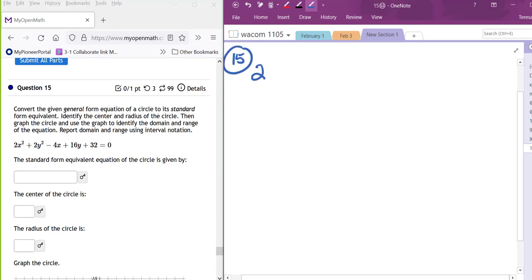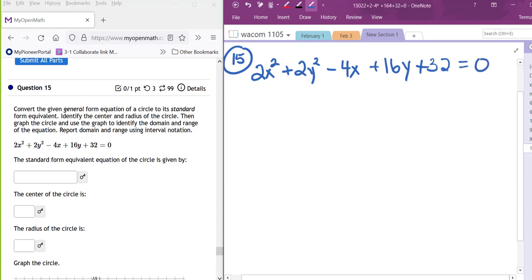So let me just write it so we have it in the notes. These are all even, so that's what should catch your eye. So we'll divide everything by 2. So I'll mark that here.